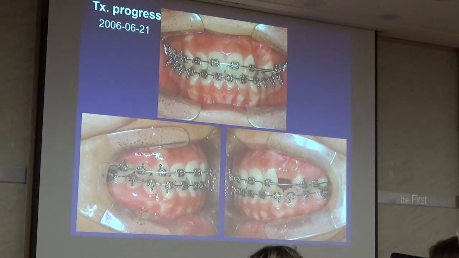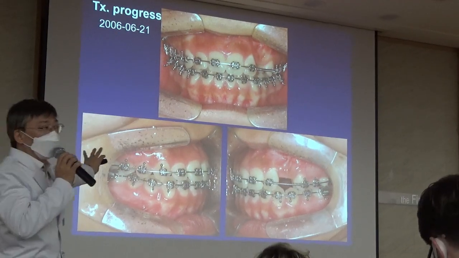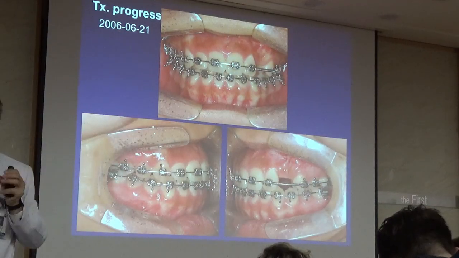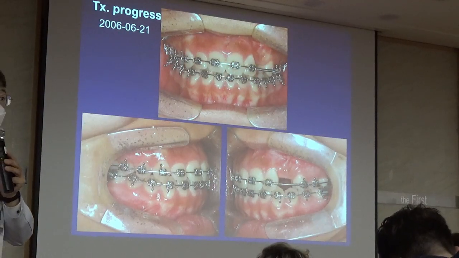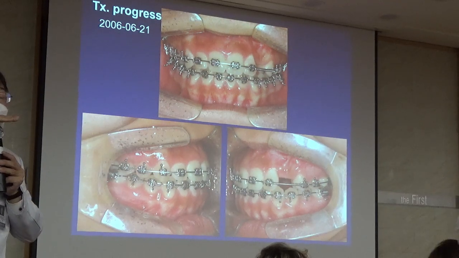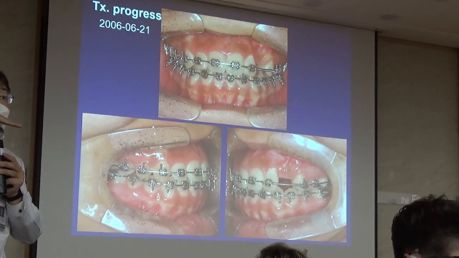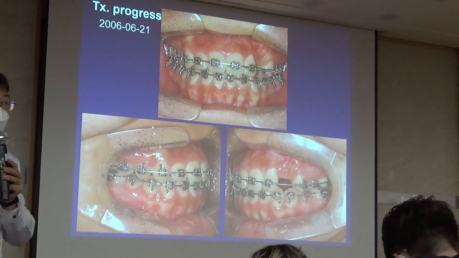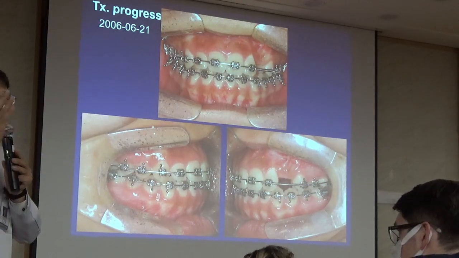Now, the mini screw can be effectively applied in this kind of case. If the case is the other way around, let's say you have midline deviation together with the occlusal plane canting the other way around, then mini screw use is contraindicated, or it will take you much more time.